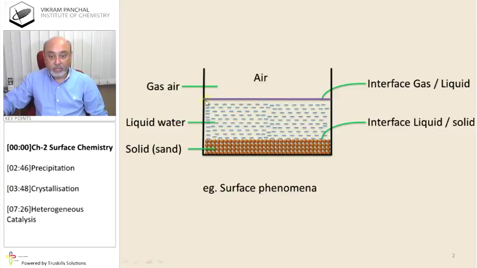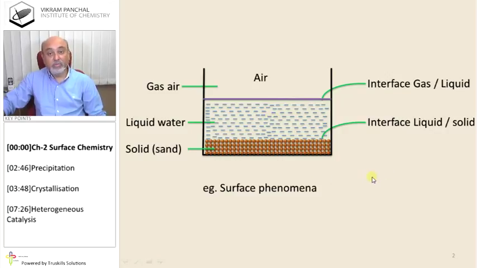The molecules on the surface of water are in contact with gas, air, and therefore this is also known as interface. This interface is written as gas/liquid. So there are always two different phases in contact with each other.